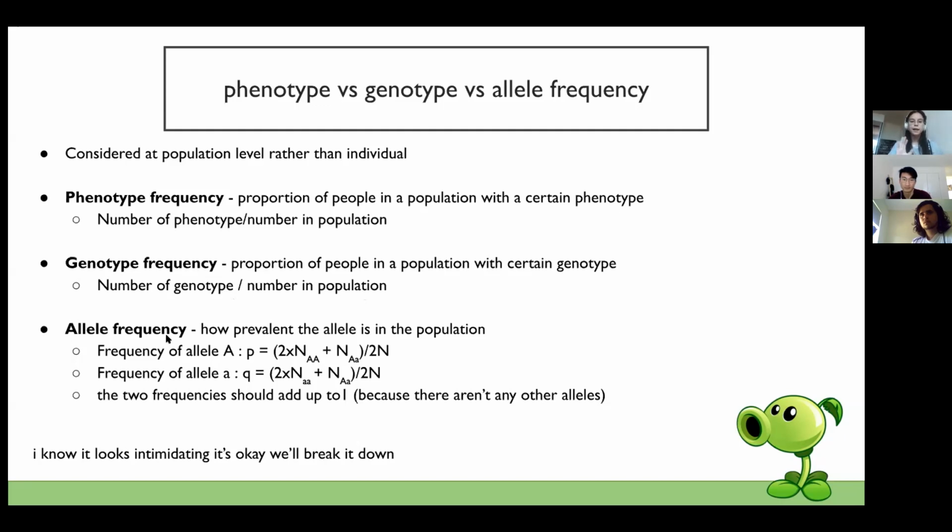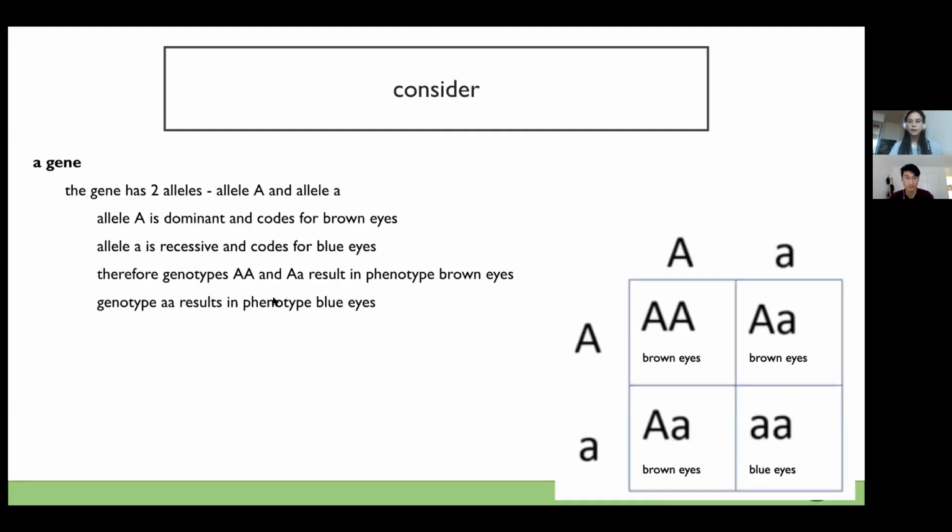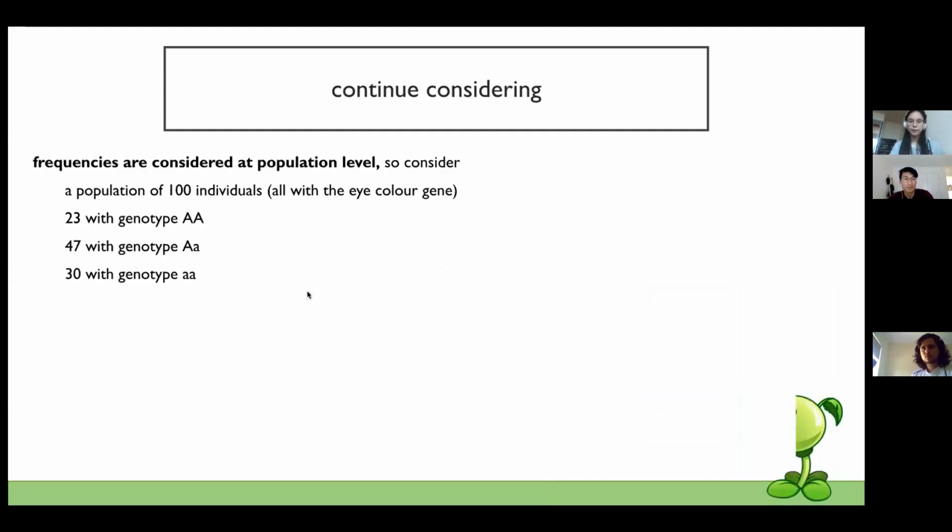Allele frequency looks a little bit more intimidating, but it's okay, we'll break it down. So the frequency of allele is represented by P or Q, and this is considering a gene that only has 2 alleles. So like I said, for this, we're going to consider a gene that only has 2 alleles, and allele big A is dominant, and allele little a is recessive.